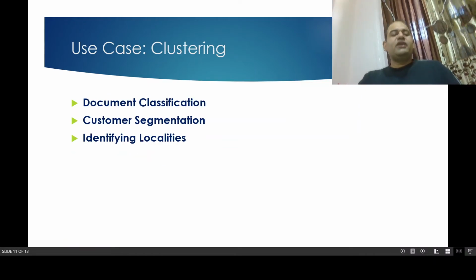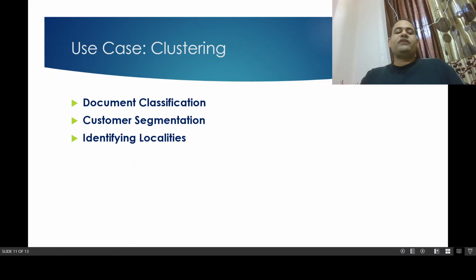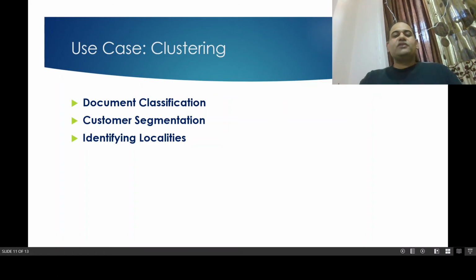Coming to the clustering case, a common use case is classifying documents into clusters or natural groupings based on the content, the size, or the type of file.